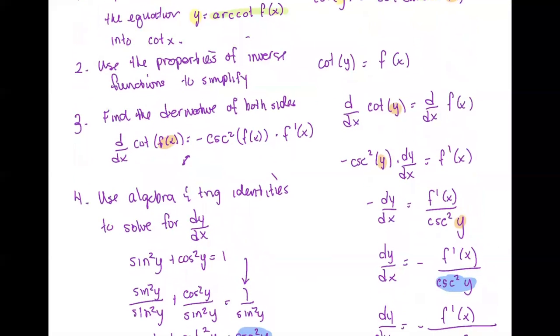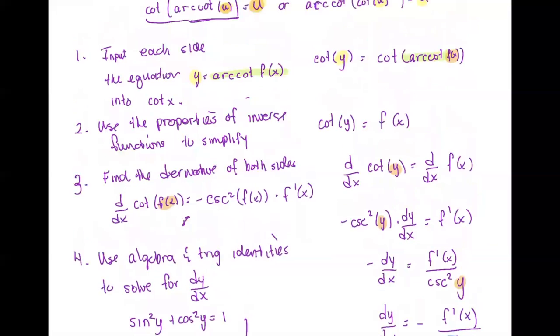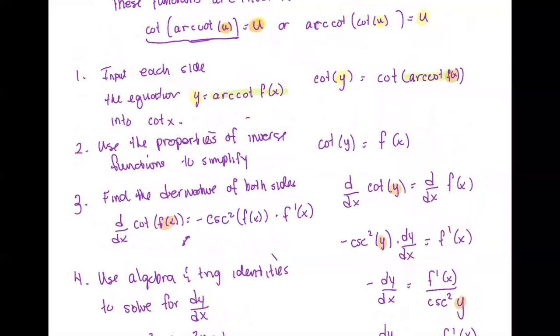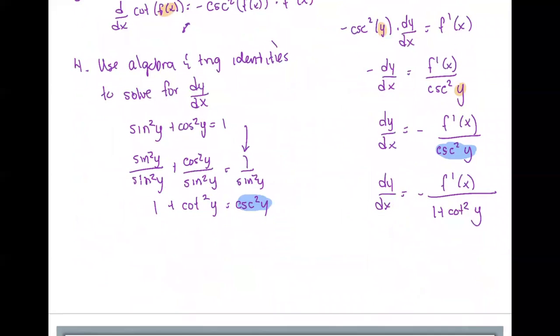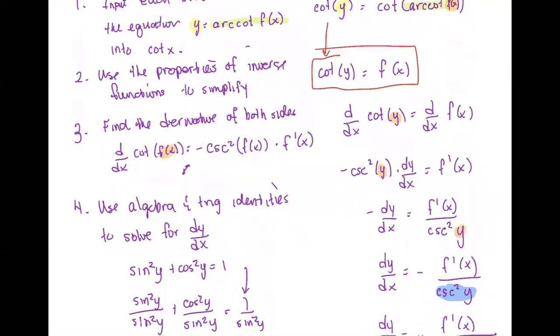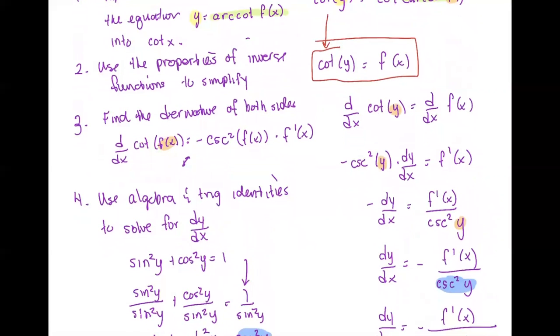The last thing to remember is that when I went from step number 1 to step number 2, it tells me that the cotangent of y is f of x. So I'm going to rewrite this answer one more time. It's negative f prime of x over 1 plus cotangent y squared, and I can replace the cotangent of y with f of x.